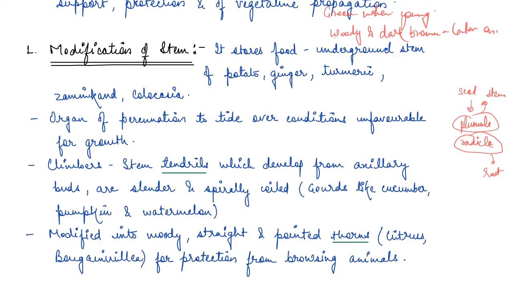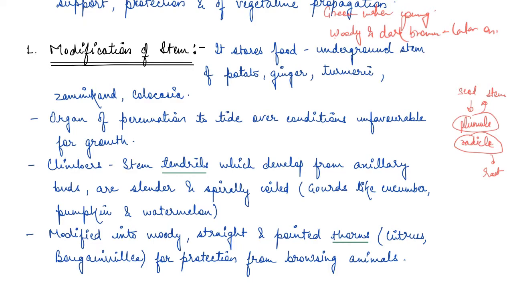Okay, now again, in some cases they act as modified thorns. So the axillary bud of the stem sometimes gets modified into woody, straight and pointed thorns, right?